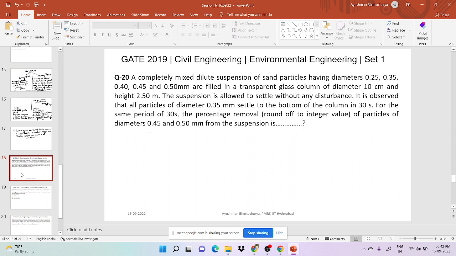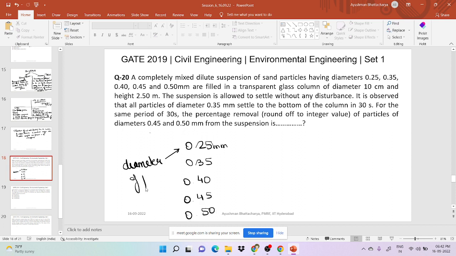The next question: a completely mixed dilute suspension of sand particles having diameters 0.25, 0.35, 0.40, 0.45 and 0.50 mm.